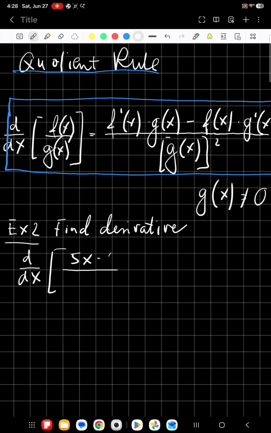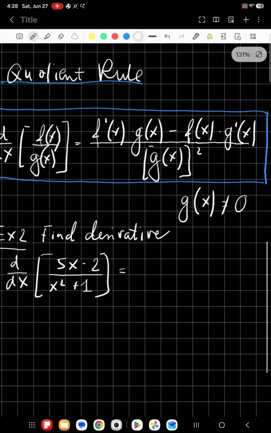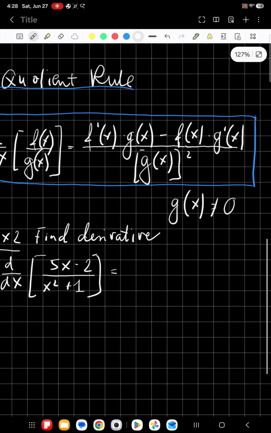So 5x minus 2, and the bottom is x squared plus 1. Okay, so I was going to write that rule again, but we have it up here, right? So we have that rule here, and that's what we'll be using.